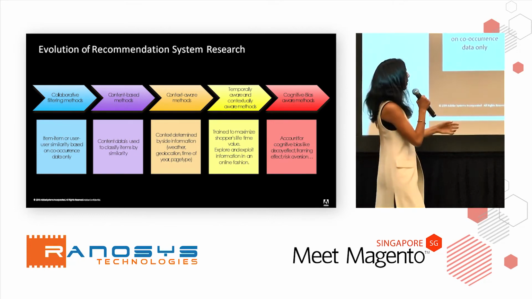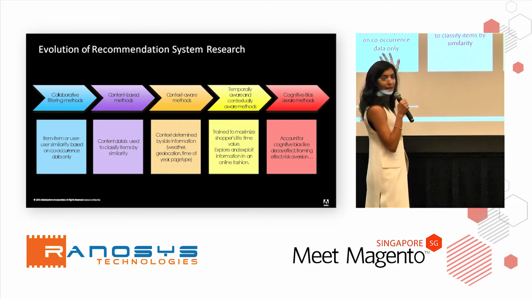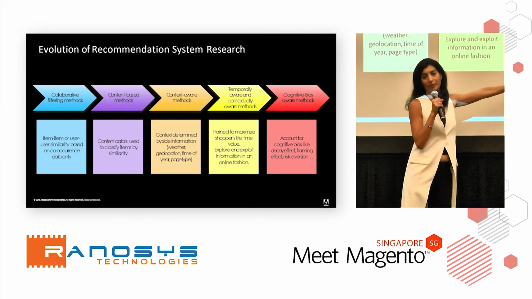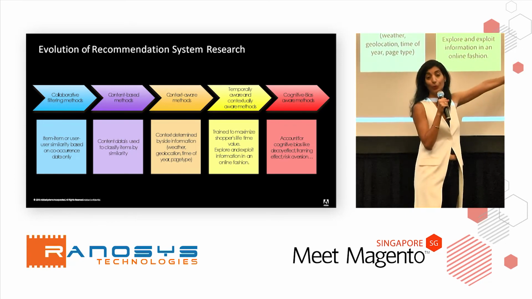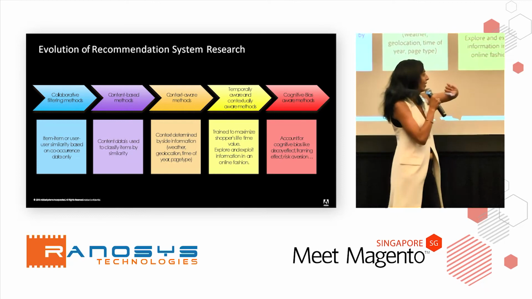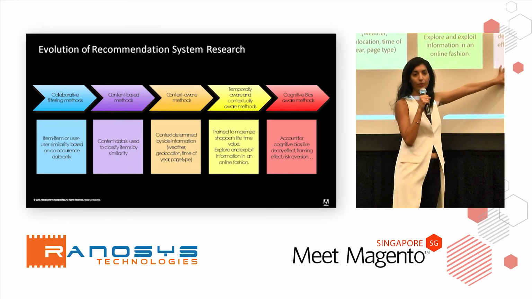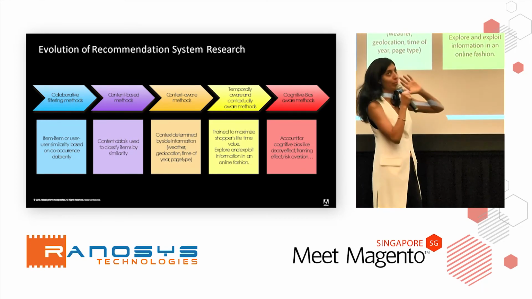In practice, usually these three categories are deployed. These last ones are very, very new. Cognitive bias is super new. I'm not aware of people doing that other than our research team. There might be, but to the best of my knowledge.